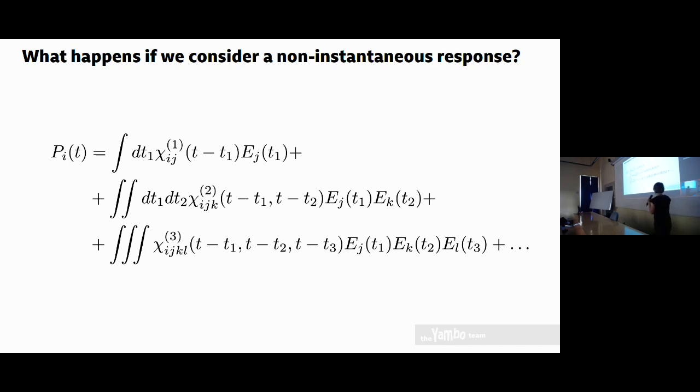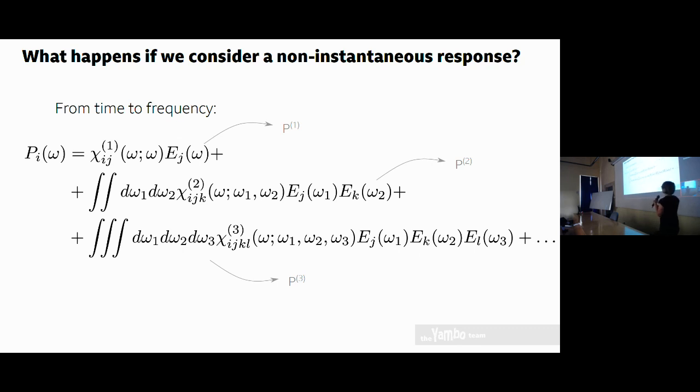Then what is usually done is to go to frequency, so we can Fourier transform and have just the dependence on the frequency of the applied fields.